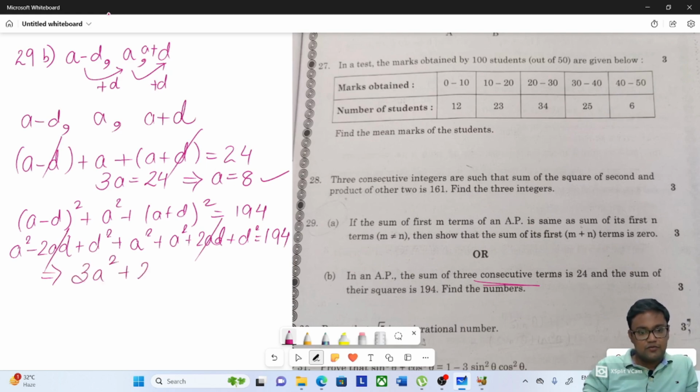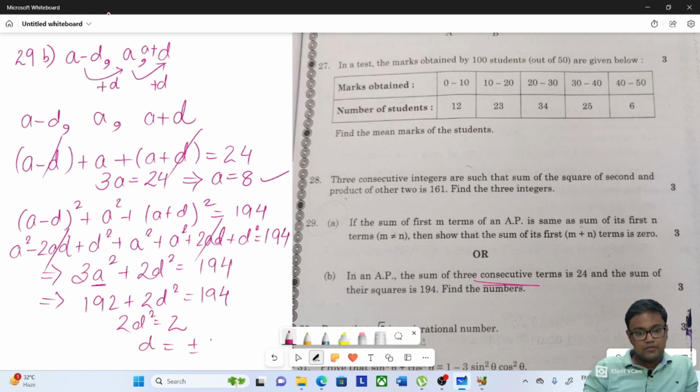And how many d squares do you have? 2 d squares. So a is 8, 64, 64 times 3 is 192, plus 2d square is 194. So 2d square is 2. So d is plus minus 1.